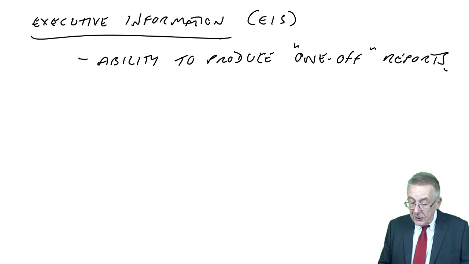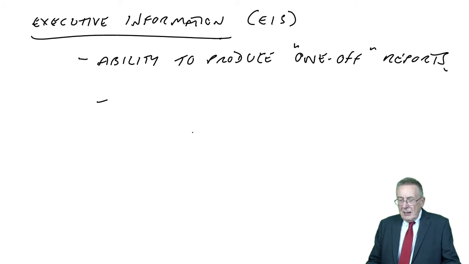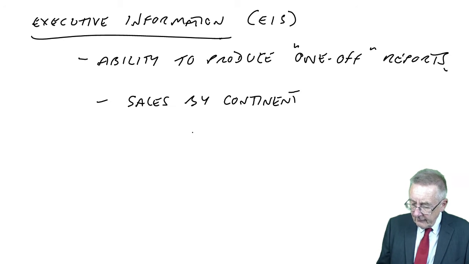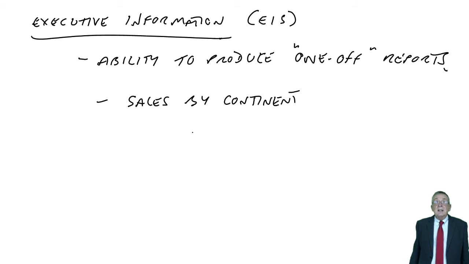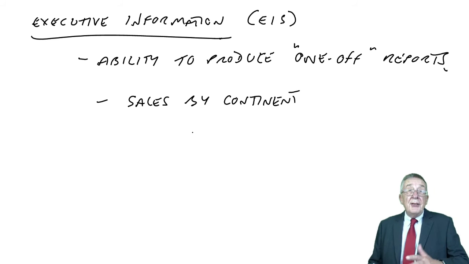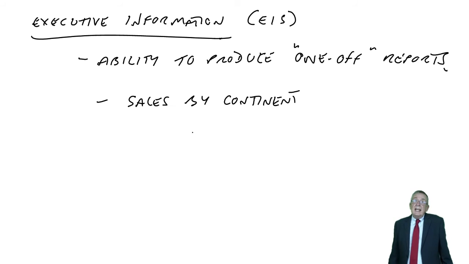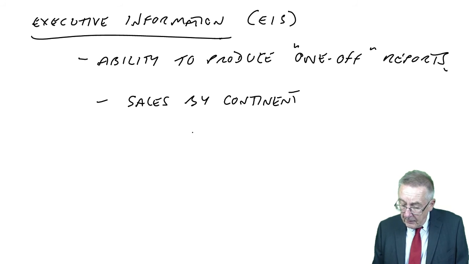But what they can perhaps do is, first of all, they can call up sales by continent. And it'll link into all the data, and it'll produce, normally, rather than have a longer schedule of numbers, to make it really easy to use, perhaps a pie chart.